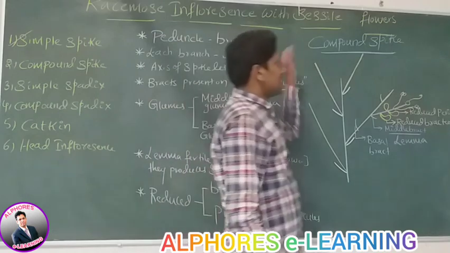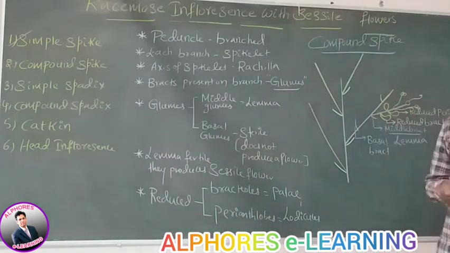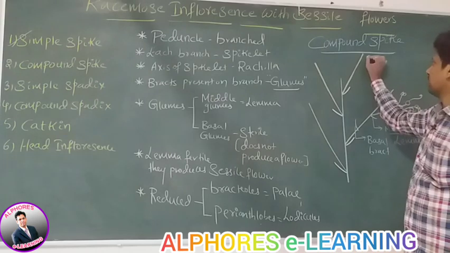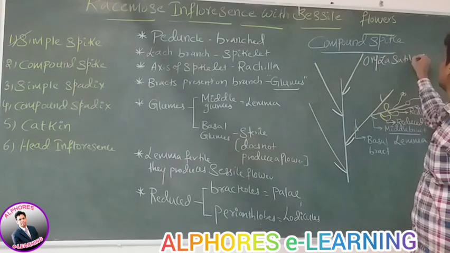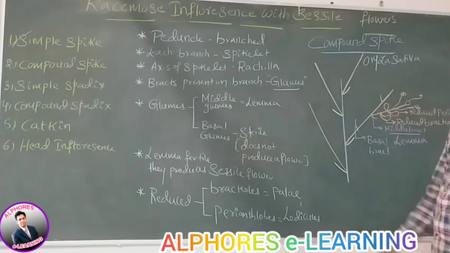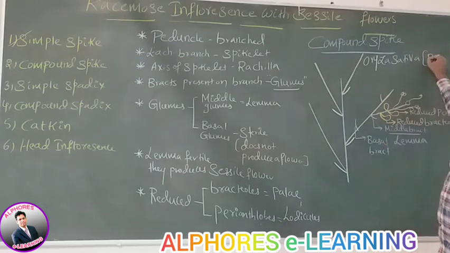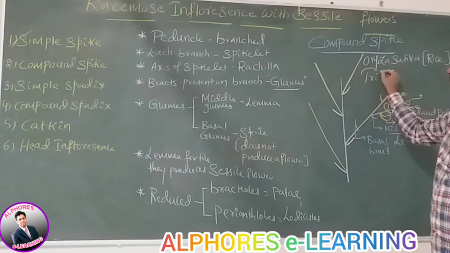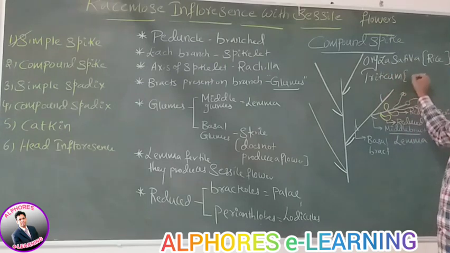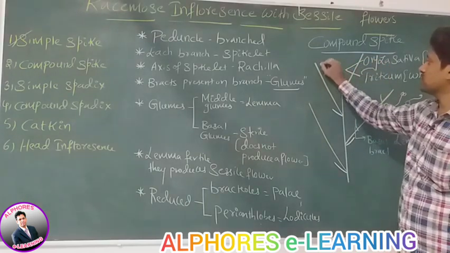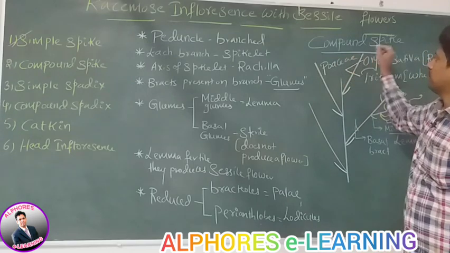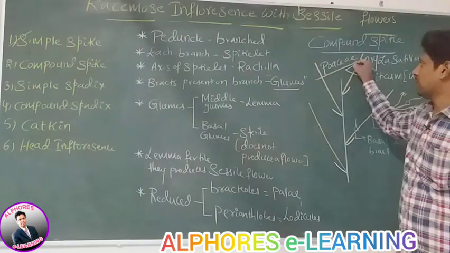Now, examples of compound spike. Number 1, Oryza sativa, the common name of which is rice. Second example is Triticum, the common name of which is wheat. Rice and wheat come under the Poaceae family.